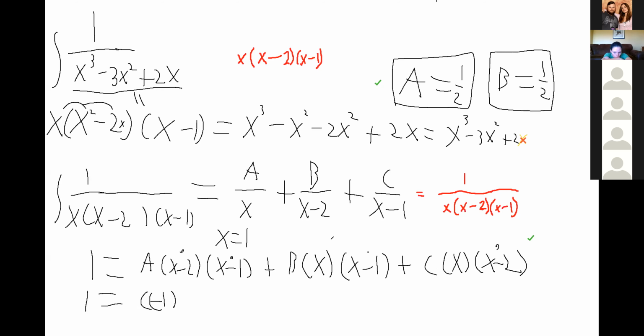That makes sense. This would be 0, that would cancel out. This would also be 0, and that cancels. So we're only left with 1 equals C times -1, which means C is equal to -1.